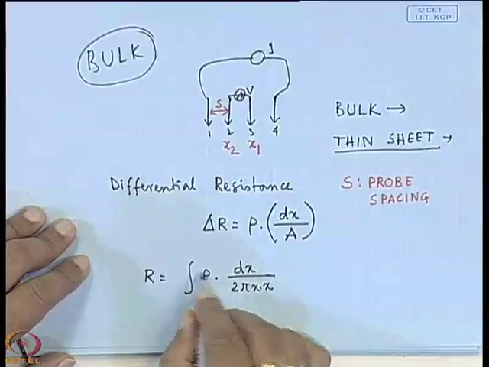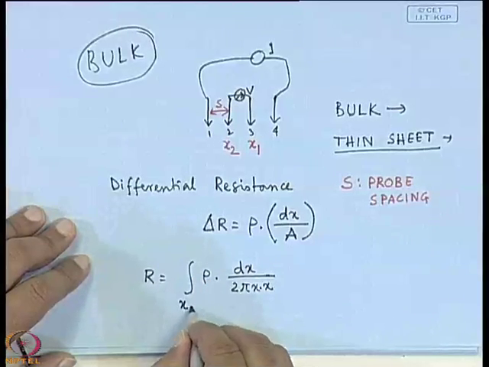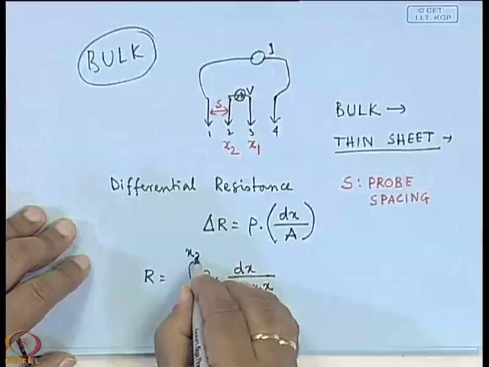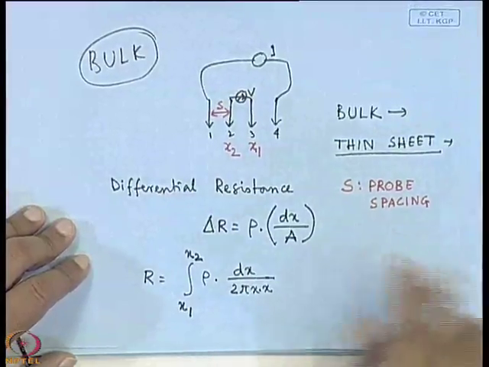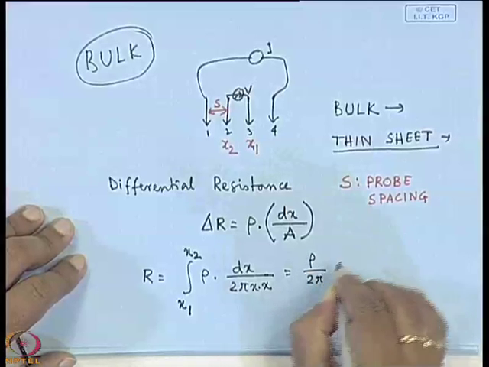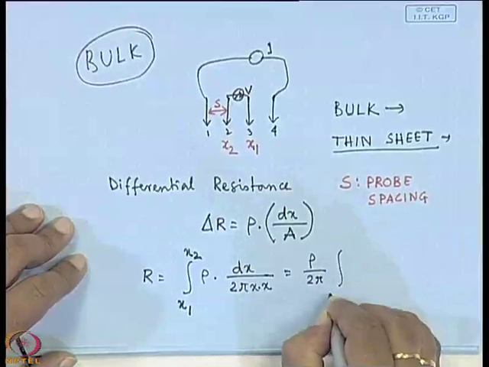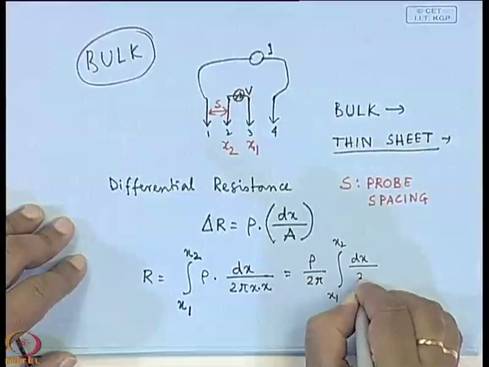And what should be the limit? The limit is from x 1 to x 2, that we have assumed. So, you can write that this is equal to rho by twice pi, integral from x 1 to x 2 of dx by x square.